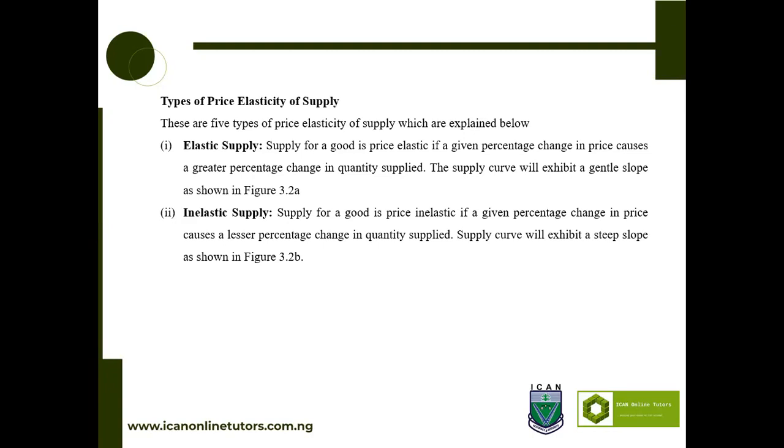Supply for goods is price elastic if a given percentage change in price causes a greater percentage change in quantity supplied. So the supply curve will exhibit a gentle slope, and this will be shown in the next slide. A supply of goods is said to be elastic if a given percentage change in price causes a greater percentage change in quantity supplied.